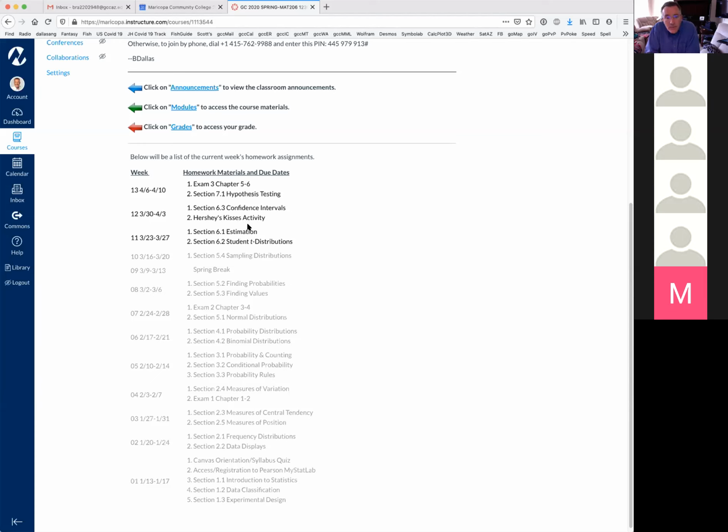And so if you'd like to participate in that activity, then you need to pick up, sometime when you're out all gloved up and masked up and hunting for toilet paper this week, a little bag of Hershey's Kisses so that you can follow along with the activity as well. It's a group thing, so we're going to need to be able to post our individual results so that we can share them with each other. And I'll show you how we're going to do that on Canvas on Thursday.